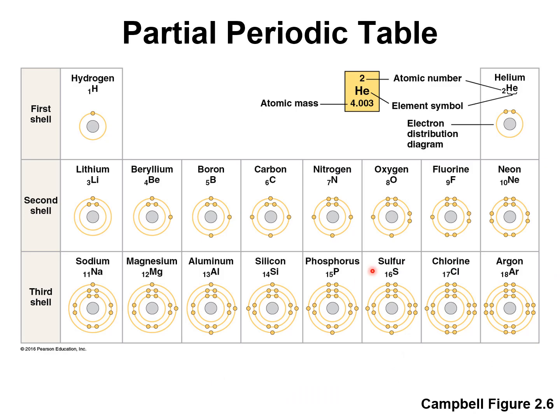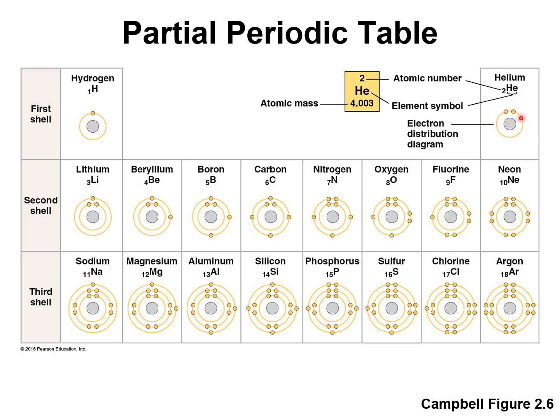So if we look at our periodic table and we look at this group, this column going down on the very far right of your periodic table, these elements in this group are called noble gases. So they are not going to react with other elements at all and form chemical bonds. So you can see helium has a full shell.